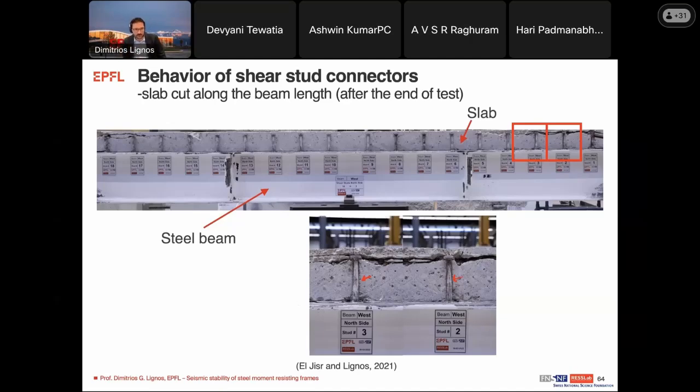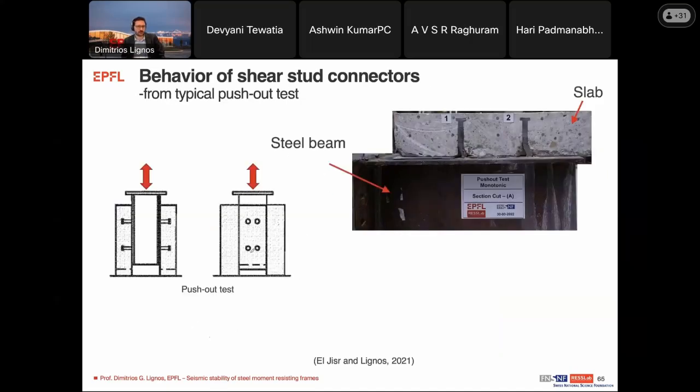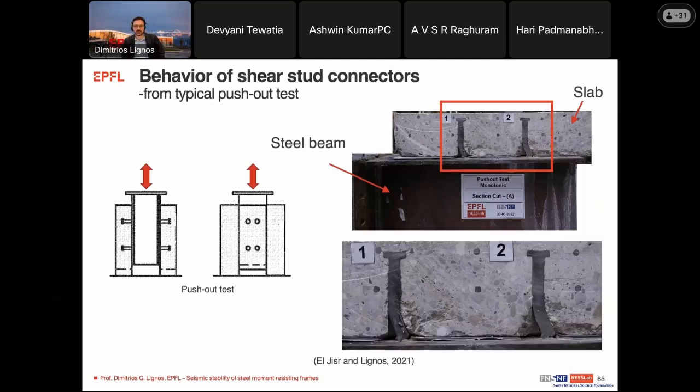And as I explained earlier, the reason why we see this is that here the entire beam works together. It's not that two studs are taking the inelastic deformations. And this is why, if you contrast this with a typical push-out test that we in fact did for this as well, you see that in that case, studs will actually deform near their base, and that would naturally lead to fracture of the collar.